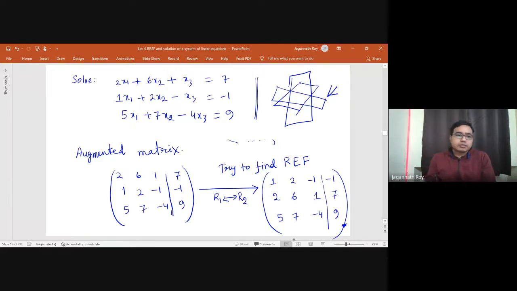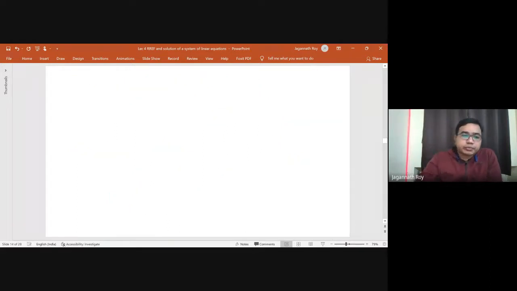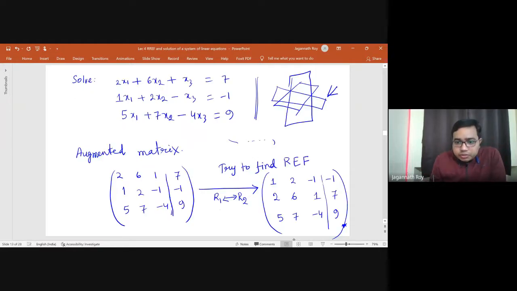Okay. Next what we do? Next we will do the row operations. We want 0 here and also 0 here. So that means we have to make some arrangement to get the zeros.